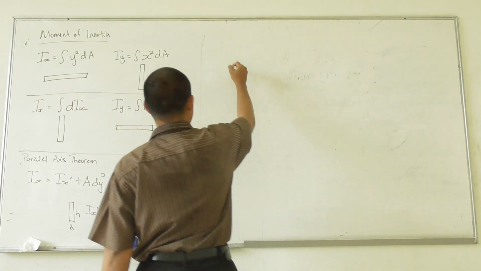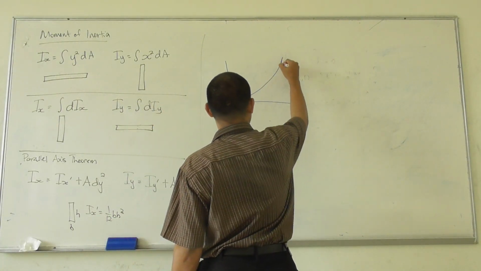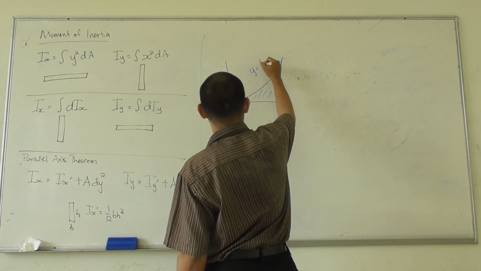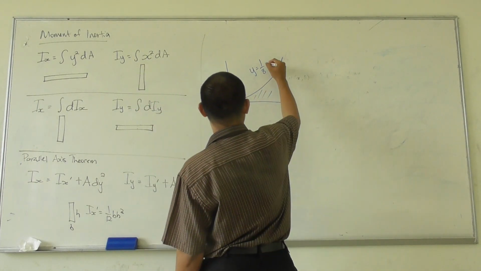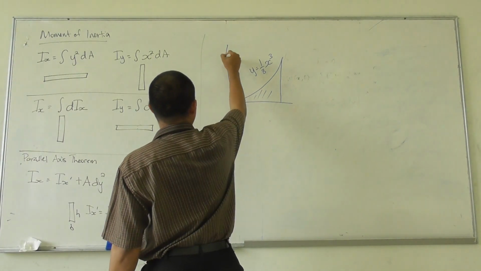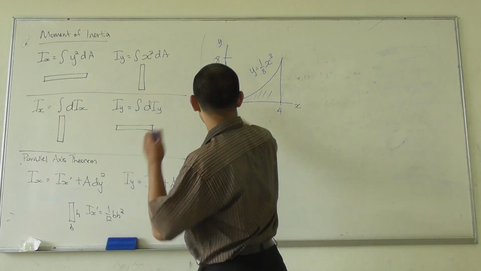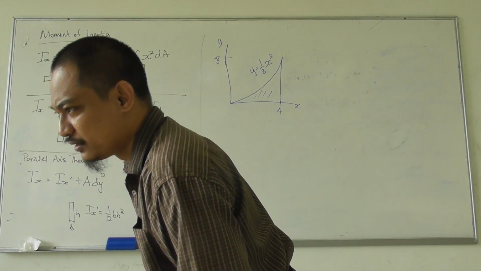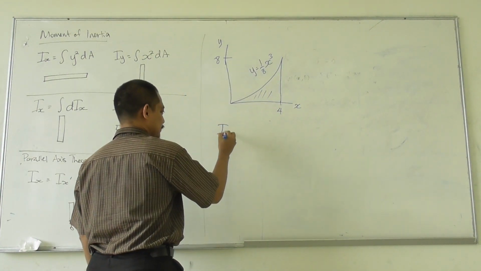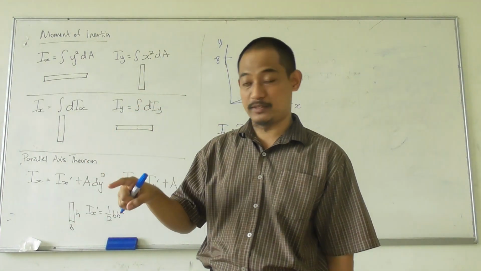We have the shaded area inside here, where y equals 1 over 8 x cubed, and this is 8 over here, this is 4 over here, x, y, and we need to determine the moment of inertia about the y-axis. So the question just asks for this one. This is the exact question from last semester.